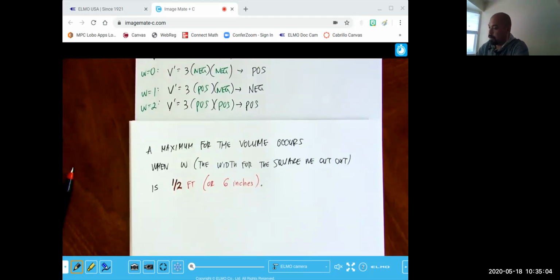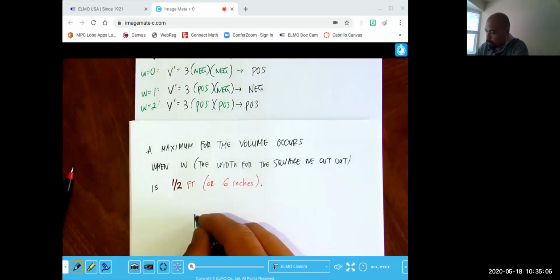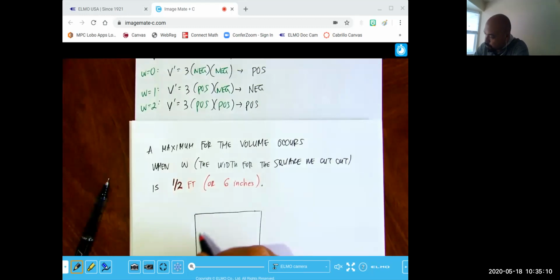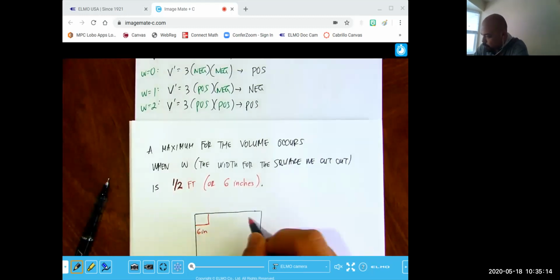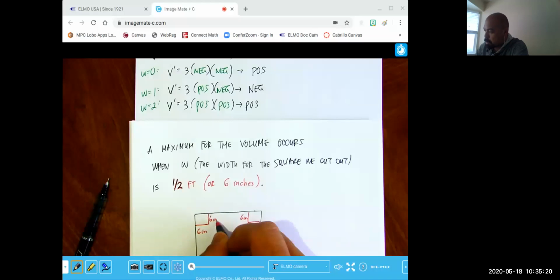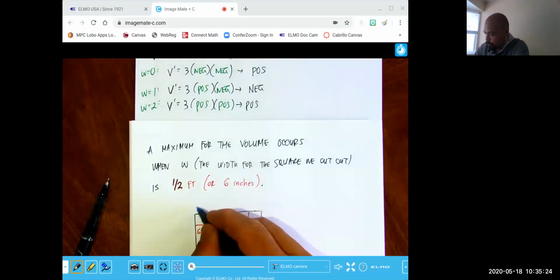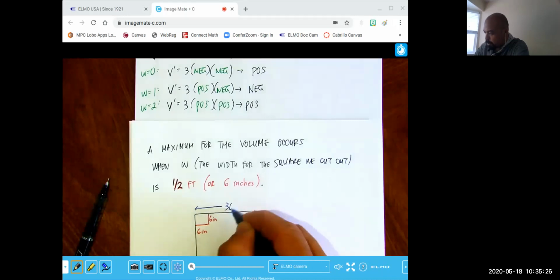So going back to our image, if I was to cut 1/2 foot, or I'm going to go into inches for a second, six inches on both sides. In total, it was 36 inches.